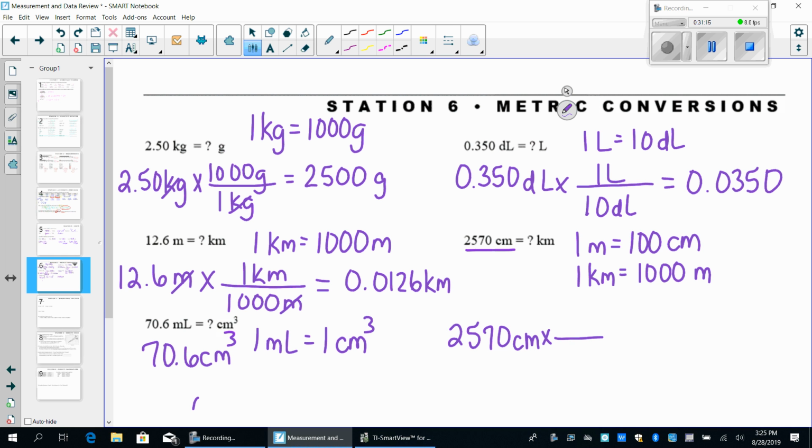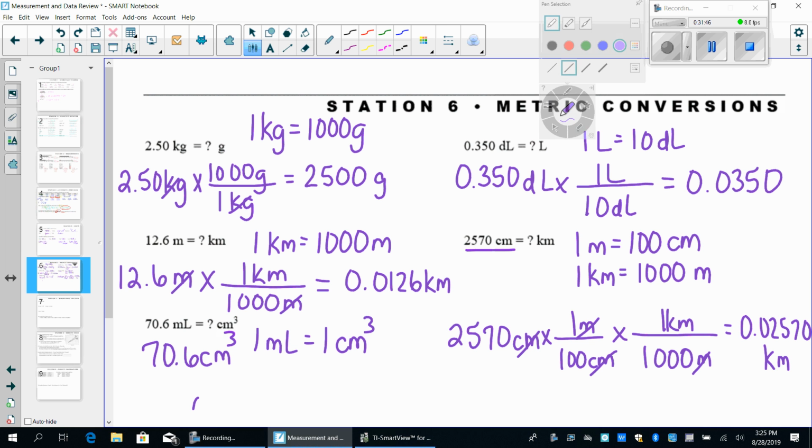There's 100 centimeters in a meter. And there's 1,000 meters in a kilometer. Centimeters cancel out. Meters cancel out. So you're dividing by 100, which means your decimal place goes back 2. Divide by 1,000, goes back 3 more. So this is 0.02570 kilometers.